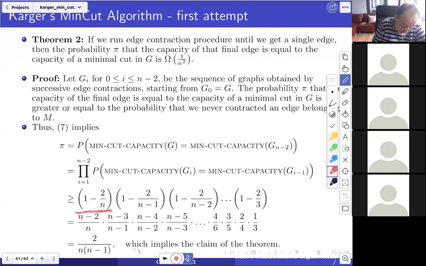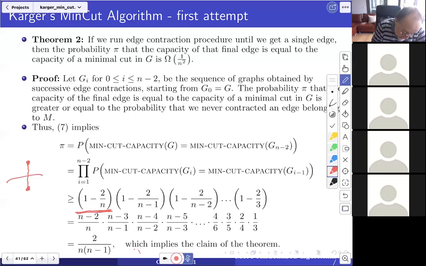So this is the probability that the min cut will survive. By the way, at the very end, when you get one single edge, what's the capacity of the min cut? Well, the capacity of the min cut is precisely the capacity of this single edge, because the min cut is 1 point on one side and the other on the other side.